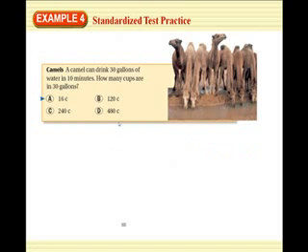A camel can drink 30 gallons of water in 10 minutes. How many cups are in 30 gallons? Wow, 30 gallons. Well, there are four quarts in 1 gallon. There are 2 pints in 1 quart. There are 2 cups in every pint.